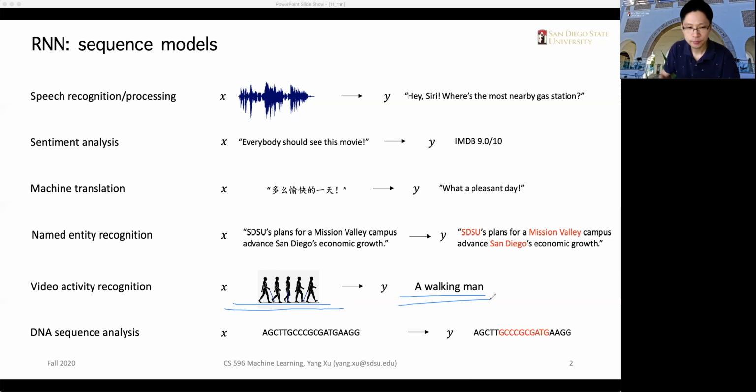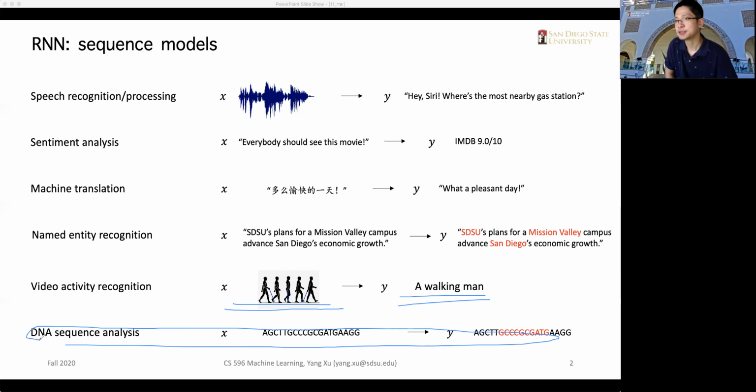Okay. And more broadly speaking, whenever the input is a sequence or has sequential information encoded, then RNN-based models are basically effective in decoding that sequential information.